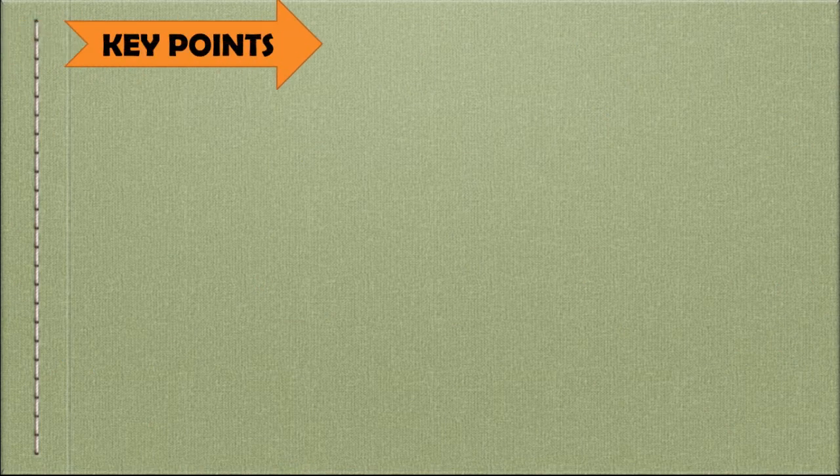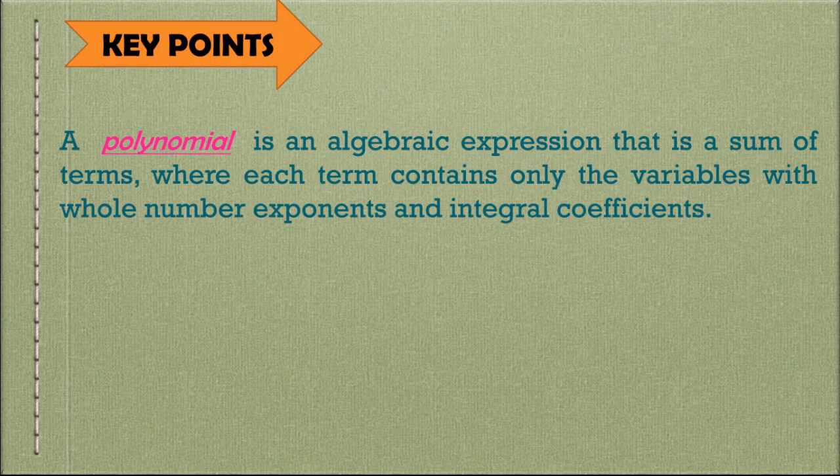Now let's have a look at these key points. A polynomial is an algebraic expression that is a sum of terms where each term contains only the variables with whole number exponents and integral coefficients.